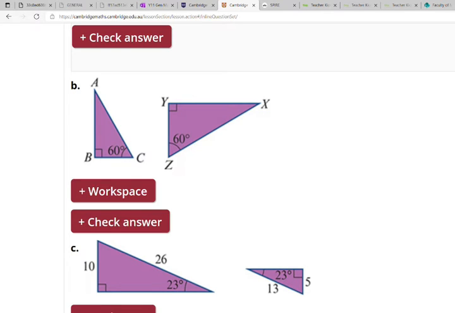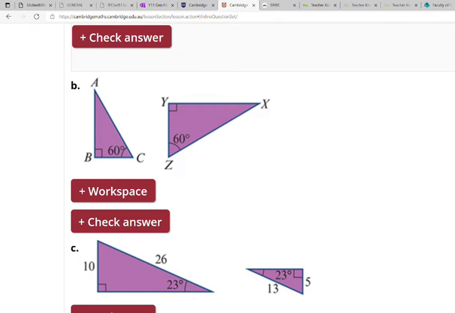Right angle. So that means that angle is 90 degrees. So they have two corresponding angles that are the same. Do I even need to know the angle at A or X to be able to tell this? No. If two angles are the same, that means what about all three of them? They're all the same. Therefore, by the angle property, they are similar.